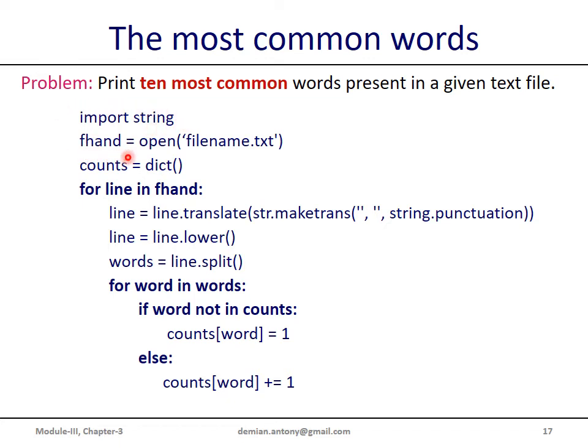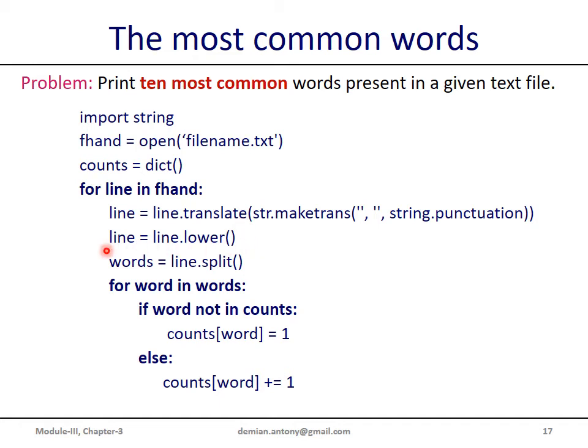We open a file in read mode, initialize an empty dictionary called counts, and for each line that is being read from the file with file handle fhand, remove all the punctuation by translating this line with the removal of punctuation. I have already explained this method, translate.